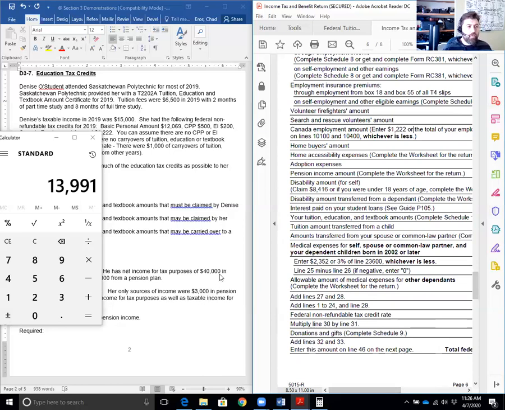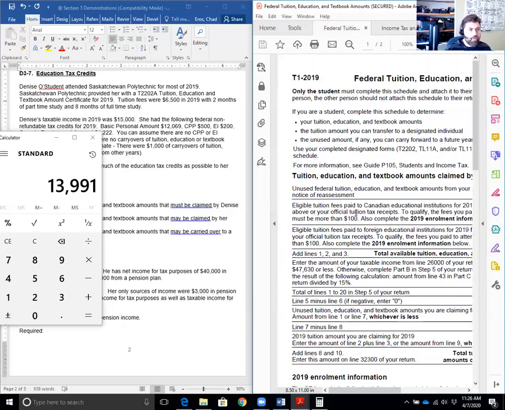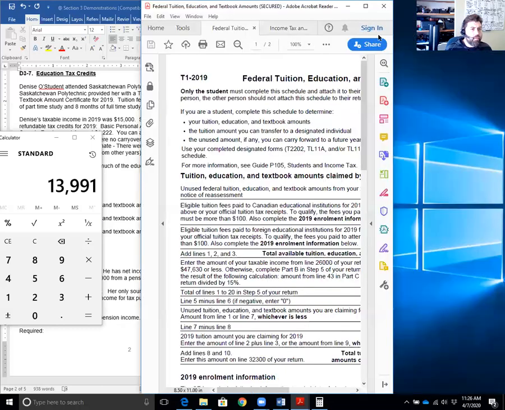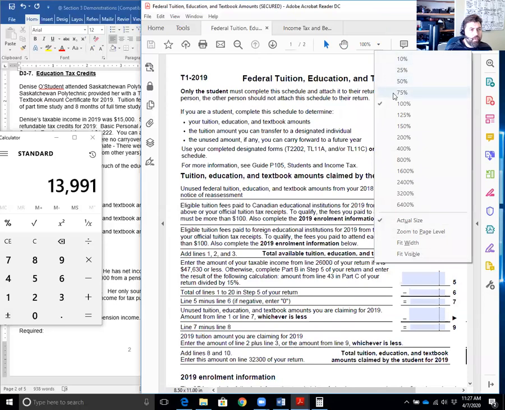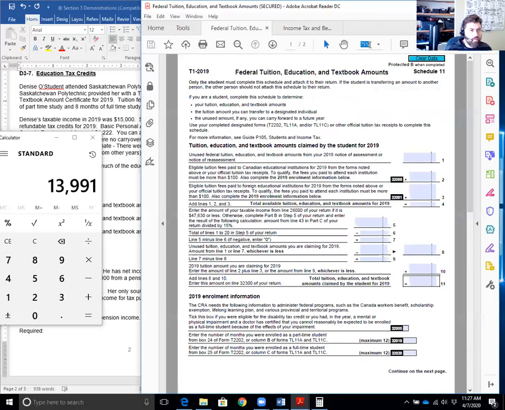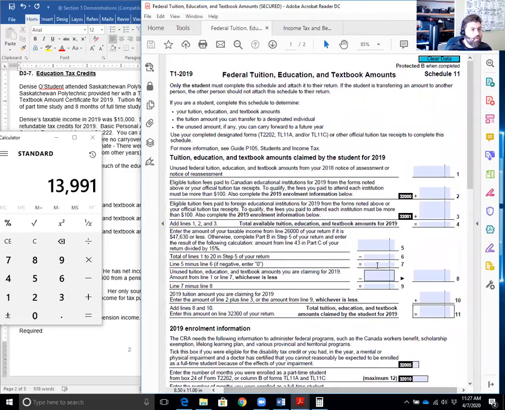So let's go to our education tax credits form, our federal tuition and education amount. I'm just going to make this a bit bigger here. Maybe shrink it down a little bit. I think that's good.